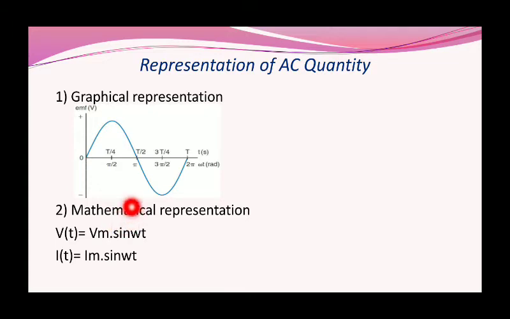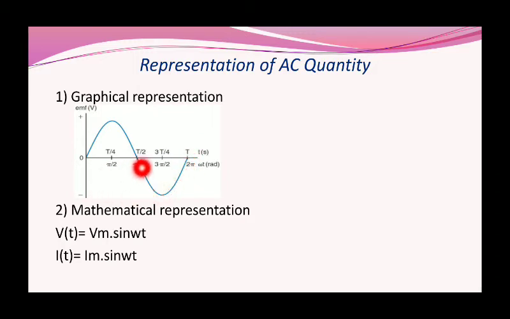Similarly, we can calculate the voltage at this instant. The only thing is, instead of omega t we have to put 2 pi f into the value of t. So the value of t here can be 0.005, for example. Generally we have 50 hertz frequency, so to complete one cycle it takes 20 millisecond.